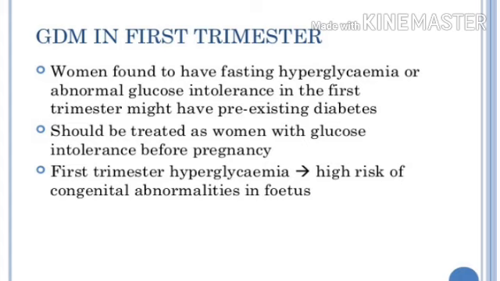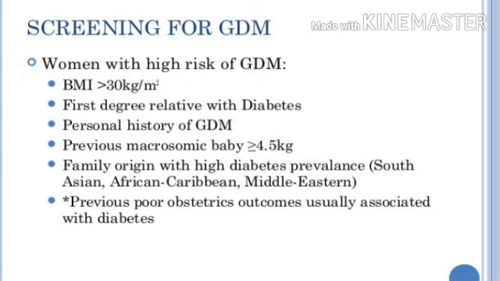If a woman is detected with diabetes mellitus during the first trimester, it is considered pre-gestational diabetes mellitus and should be treated similarly to pre-gestational diabetes mellitus, because with hyperglycemia during the first trimester, there will be a high risk of congenital abnormalities in the fetus. It is better to screen all pregnant ladies for gestational diabetes mellitus, even though there are certain high risk groups for gestational diabetes mellitus.